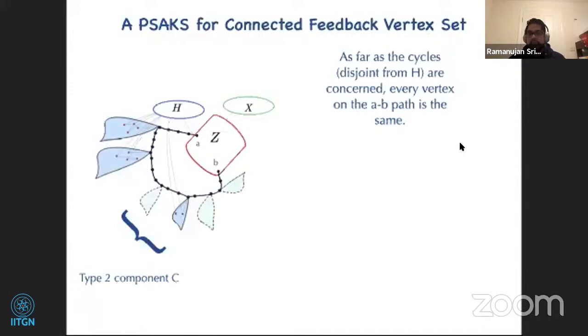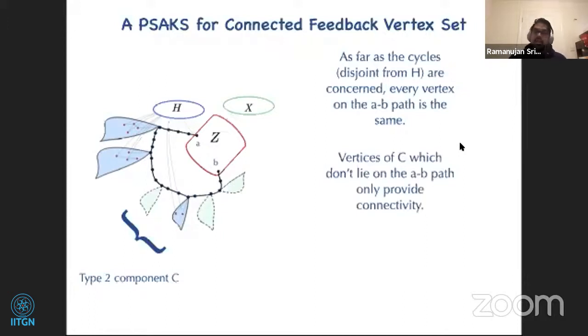Well, any such cycle must enter this component through A and exit it through B. This is definitely necessary. And then it must comprise this entire unique AB path, and it cannot take anything else because everything else is a tree. So it can never come back to this path.